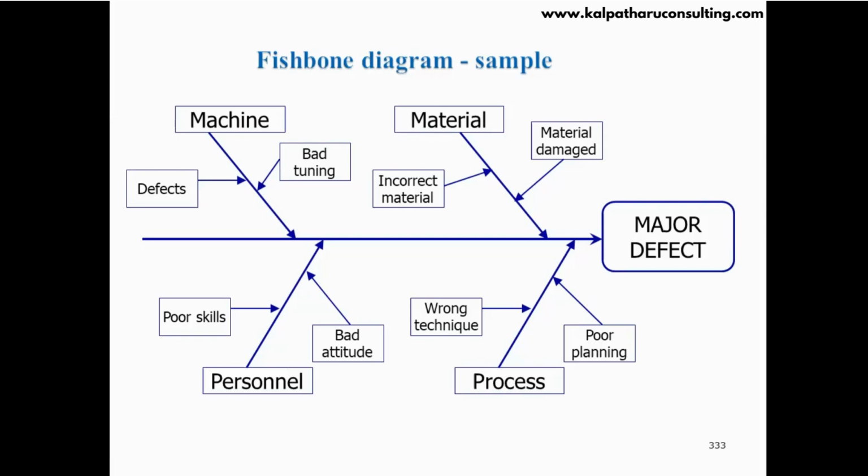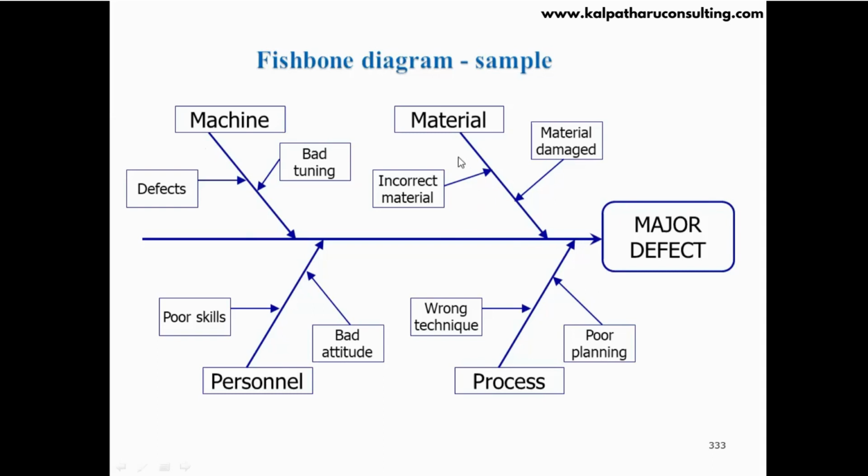It seems we are not going into those details. So here, instead of randomly identifying or discussing the contributors, we can have categories like, in this case, material, machine, personal, and process.